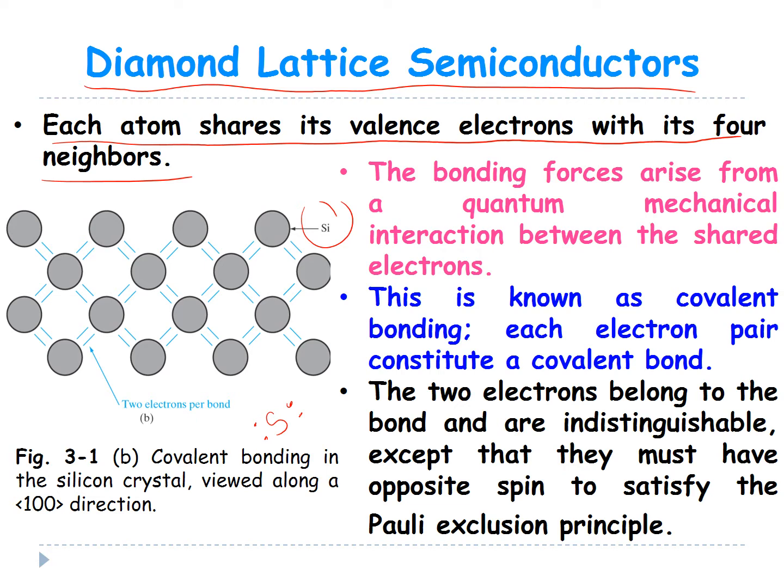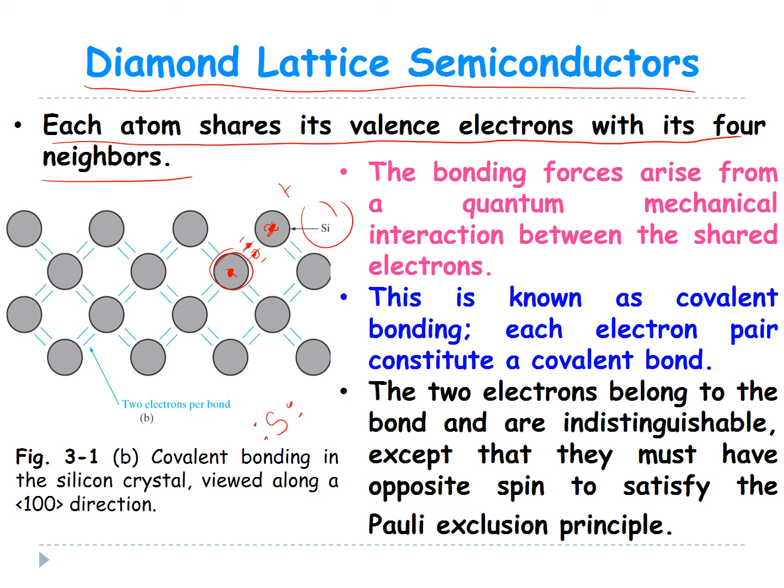So if you take one silicon atom here, you can see that it shares 2 electrons with each of its neighbors. These lines here indicate a bond of two electrons, shared by this atom and that one. And remember that the nuclei of these atoms are positive, and you have negative electrons.